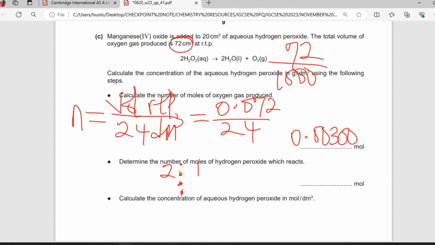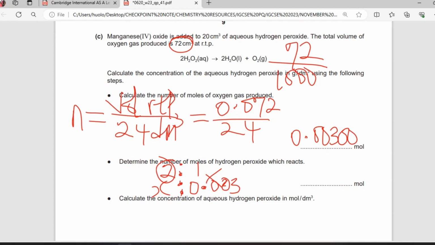Now if oxygen is 0.003, what will hydrogen peroxide be? Obviously you are going to multiply by 2.